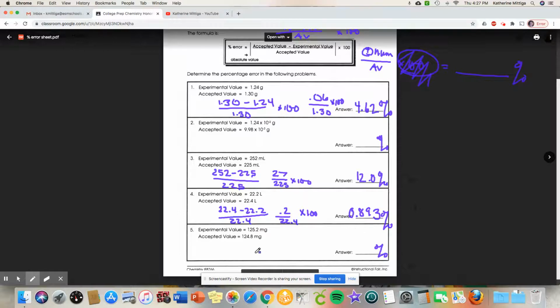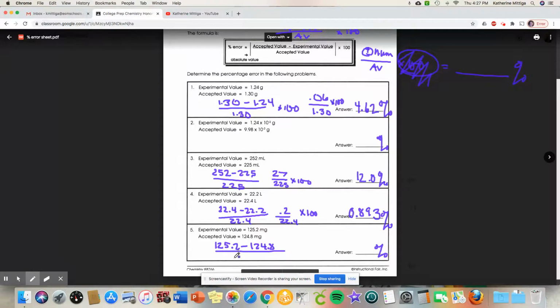It shows intent. Number 5, looks like our experimental is larger than our accepted. Once again, you can see that we've got 4 sig figs, so your final answer should have 4 sig figs.